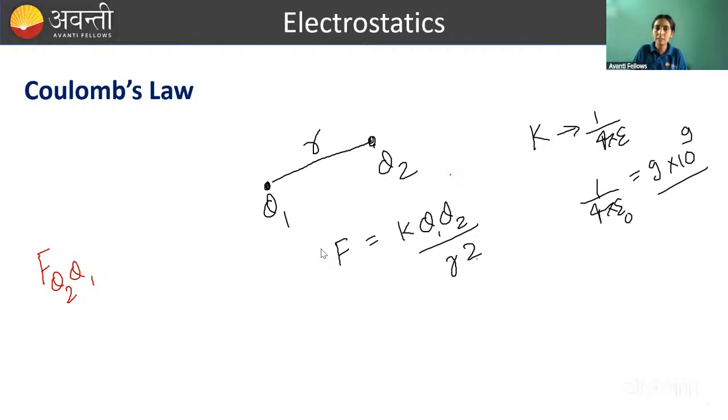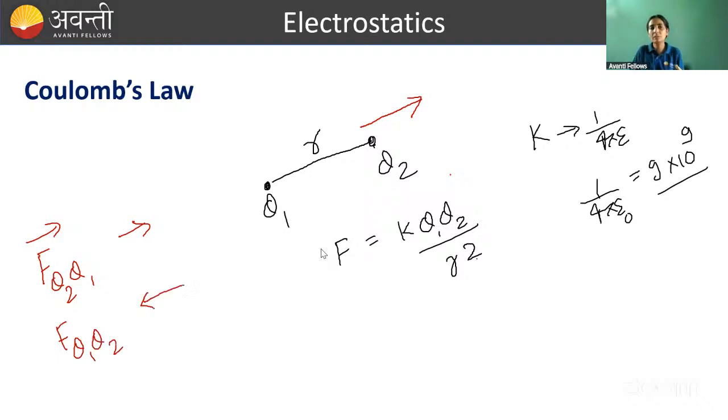So Q1 will repel Q2 from itself. और अगर Q1 Q2 को repel कर रहा है, it will push it away from itself. That is, force will act away from the Q1. So force का direction will look something like this. So this is the direction of F Q2 Q1, right? Similarly, if you calculate force acting on Q1 because of Q2, its direction will be this.